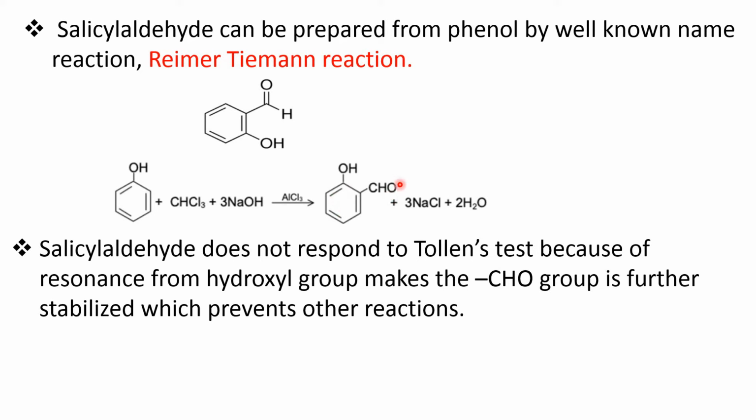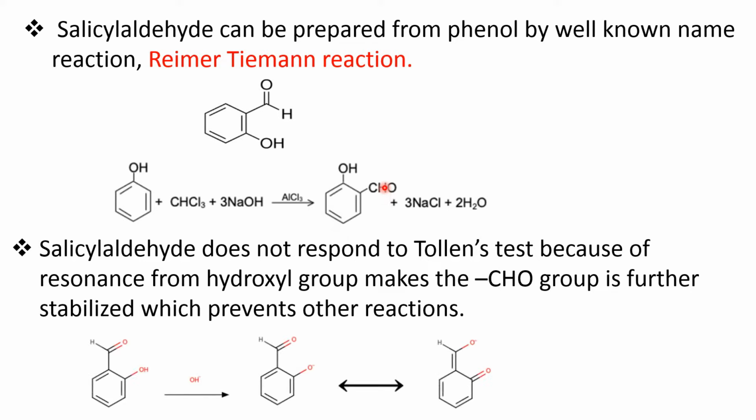Now, salicylaldehyde, as it has CHO group, responds to 2,4-DNP test but not Tollens test. Generally, aromatic aldehydes, we know respond to Tollens test, but salicylaldehyde does not. Why? Let's see. Here in salicylaldehyde, CHO group and OH group are in ortho position with respect to each other. Now, Tollens test means alkaline silver nitrate solution.